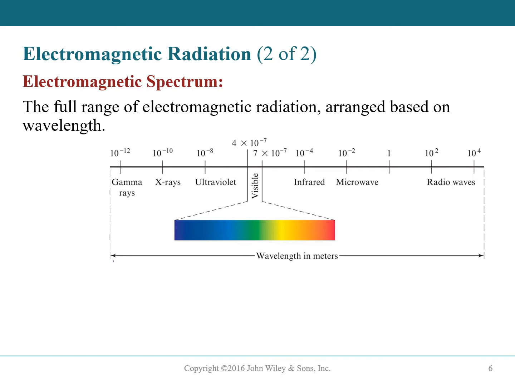So this ranges around 400 to 750 nanometers, or you can say 400 to 750 times 10 to the minus 9 meters. You should know this is about the 750, and this ranges in the 400.